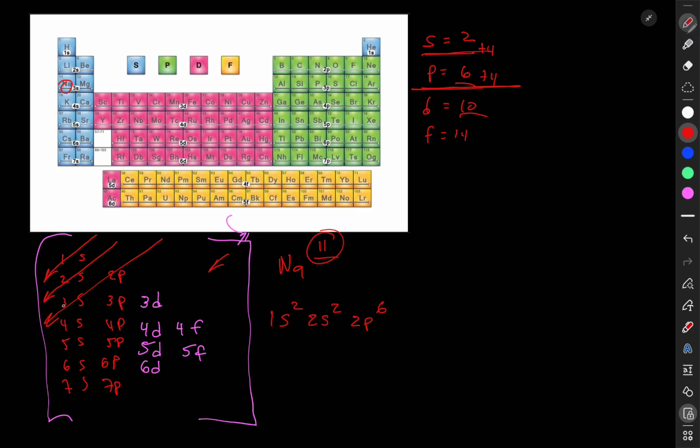And then you reach 3s, but you only hit one of the 3s. So it's 3s1. And if you add these numbers, they should give you 11. So 4 plus 6, 10 plus 1, 11. And use this diagram so you can set the bottom one as reference. And that's how easy this part is.